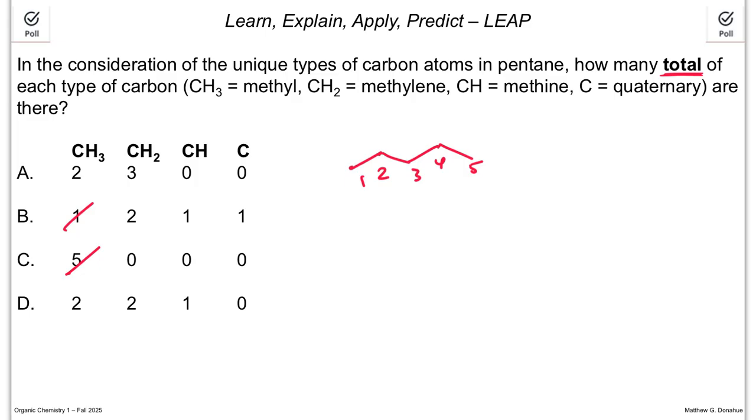2, 3, and 4 are methylenes, that's CH2, so there's 3 of those, that eliminates D. So there's no CHs or no Cs. And again, this was a question asking about the total number of each of those.